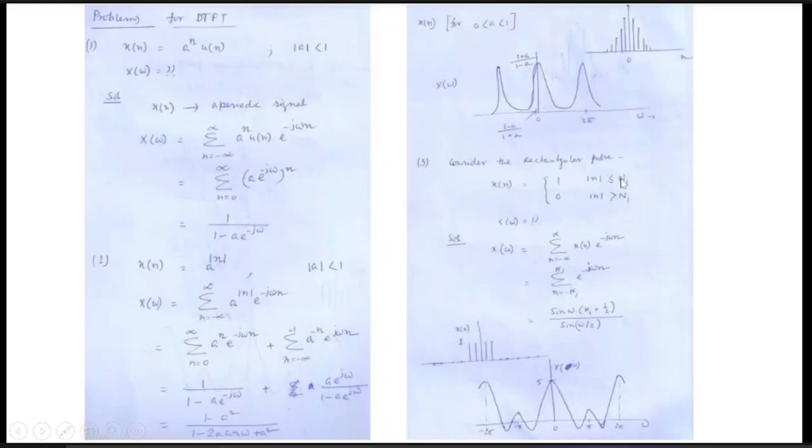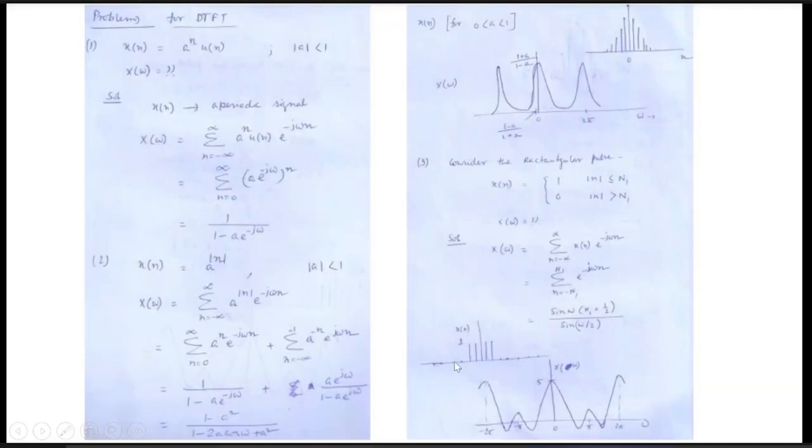That is, it is 1 for 0 to n1, and 0 to minus n1, and other than that it is 0. So these are the samples. If I have plotted here, a few samples are there up to n1. When n is positive it is 1 for 0 to n1, and when n is negative it ranges from 0 to minus n1.